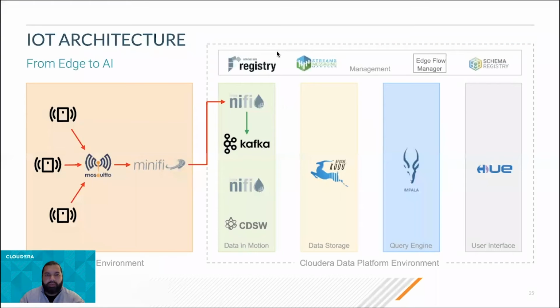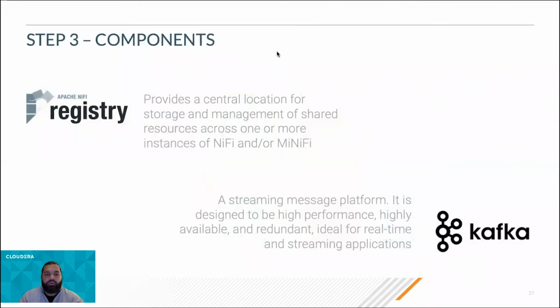Step 3: now that we have our data in NiFi, we publish that data to Kafka. We have 2 components here. The first one is Apache NiFi Registry, that allows us to manage and store our flows, our applications for NiFi.